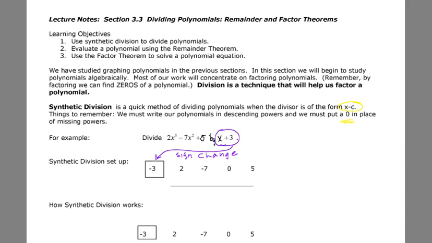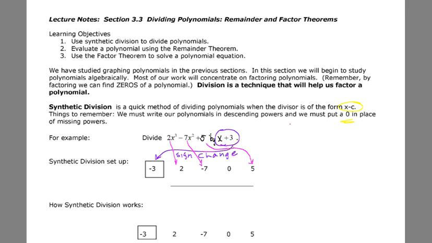Now let's look at these numbers. All I'm doing is dropping down the coefficients, the coefficient of 2, coefficient of -7, coefficient of 5, but notice when I bring the coefficient of 5 down, I skip a spot and I put a 0. That's because when this thing is in descending powers, there is a skipped power. It goes from 3 to, it skips the first power, then goes to the constant of 5.